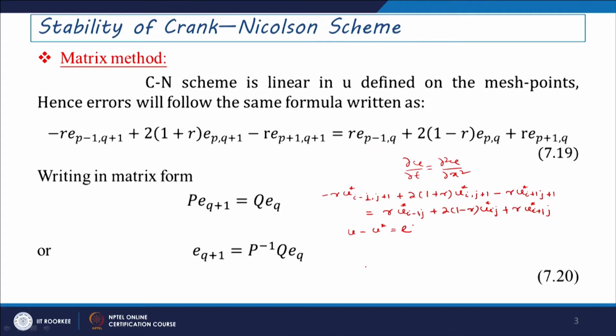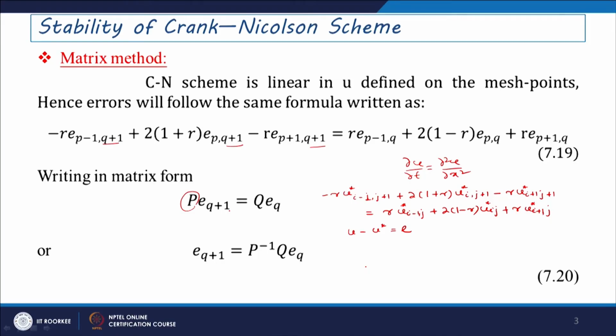If we express this in matrix form, we can write it as P e q plus 1. If you see here, the q plus 1 coefficients remain the same in each of the terms on the left hand side. So we can express the complete coefficients in the form of P, and the unknowns in the form of e q plus 1, which we can signify as e 1 q plus 1, e 2 q plus 1, up to e n minus 1 q plus 1.